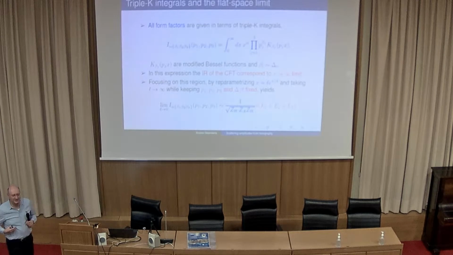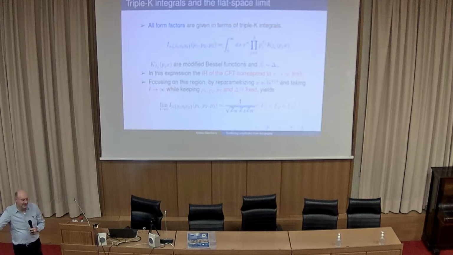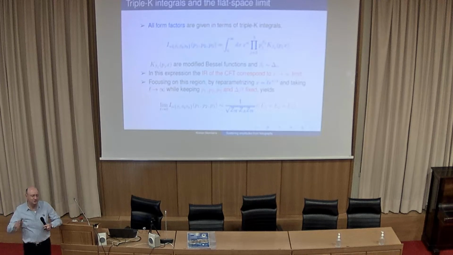I come as a CFT person, I tell you these are all the observables of the theory, these are the correlators. And now to those, you have to do an operation to get scattering amplitudes. This operation involves scaling the operators and then taking the limits in a specific way. Once you do all of that, the limit exists, it's a finite limit, and by construction gives you scattering amplitudes in one dimension higher.